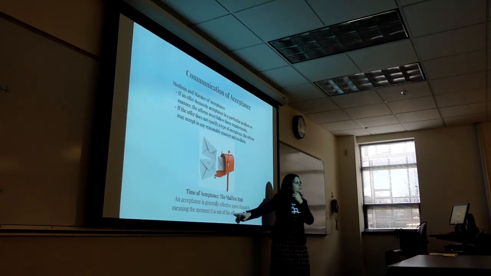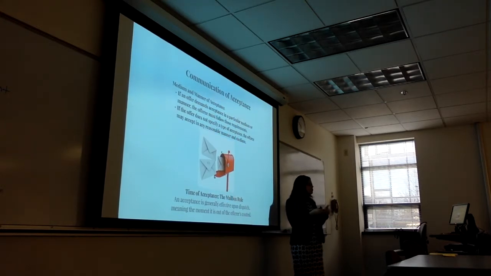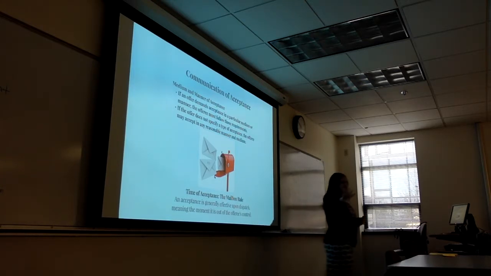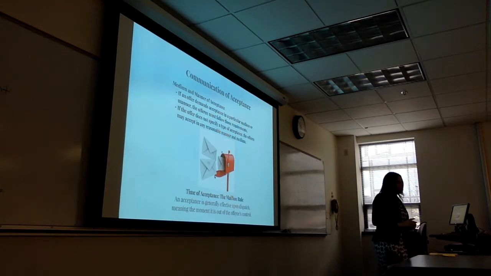An acceptance, when you want to accept an offer, is generally effective when mailed out. If you're sending out mail, the second you send it, they stamp it sent on November 15th. Okay, that's the day that it was accepted, even though the business didn't receive it yet, right? Because it's not fair when snail mail happens, it could take 5 days, it could take 7 days, it could take 10 days for it to get there. You could run into some issues. So it's accepted the day it goes out the door.